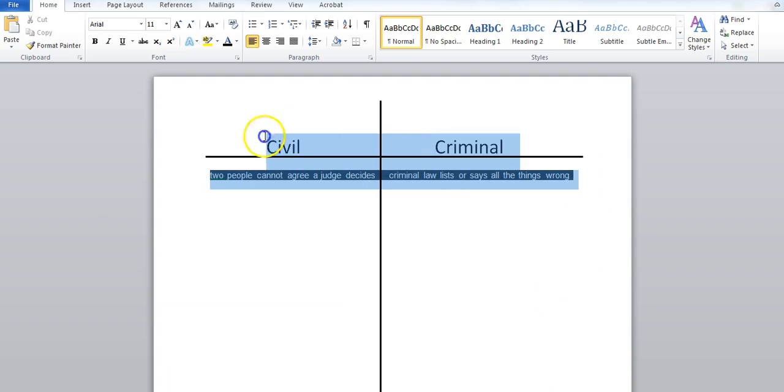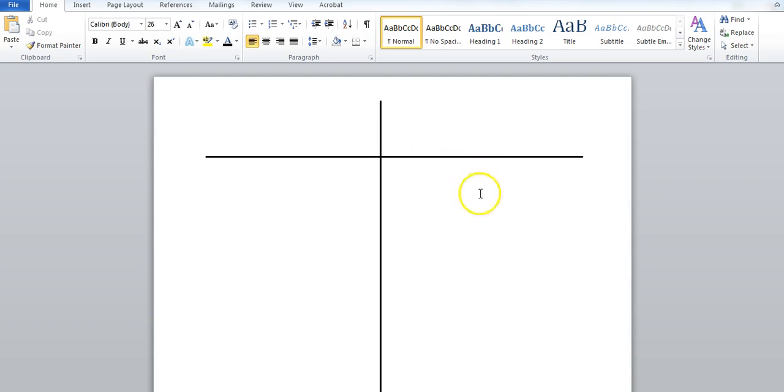So, your T-chart handout looks a little bit something like this right now. So, as you guys saw, on one side, I want you to write civil. Okay, so take a moment and write that down right now. On the left side, and then on the other side, on the right side, write criminal.